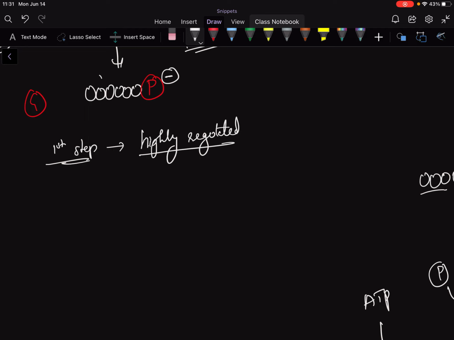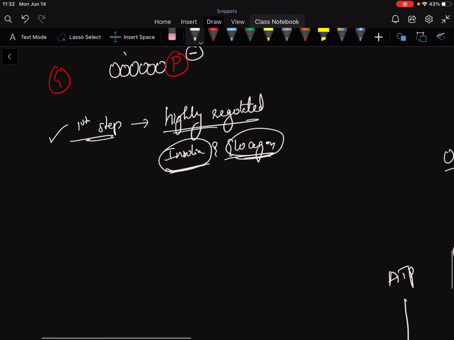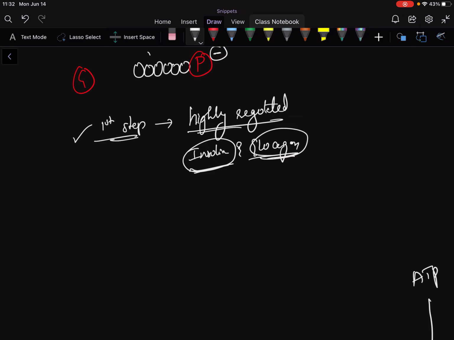You will be hearing about insulin and glucagon. They will be controlling mainly these steps in the glycolysis pathway. So the first step in glycolysis is highly regulated. You should know this one. You will be hearing this in USMLE.